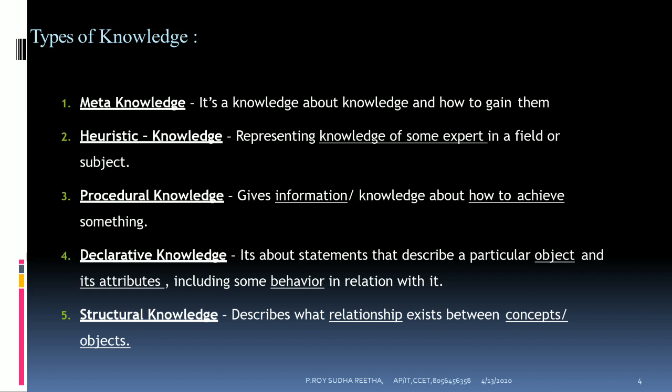For example, if we see a car, its attributes are the steering, clutches, motors, engine; everything comes under attributes. And behavior means what we can do with the help of the objects, what functionality we can perform. We can drive the car, we can stop the car, we can move the car fast, and all other functions are known as behavior.